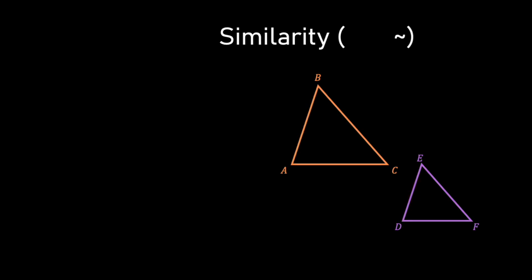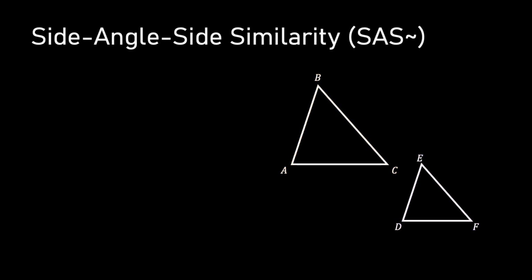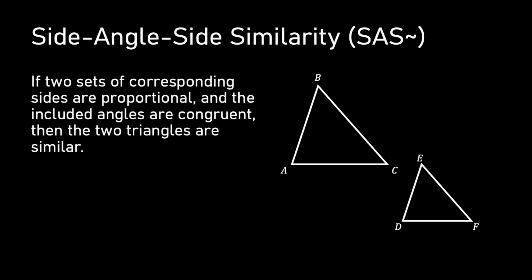The last theorem we're going to cover is side-angle-side similarity. If two sets of corresponding sides are proportional and the included angles are congruent, then the two triangles are similar. So what we would need here is AB over DE equal to BC over EF, and angle B congruent to angle E. Now it didn't have to be those two sides specifically, I just picked them because I felt like it.